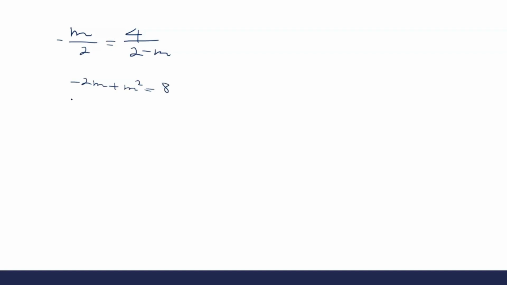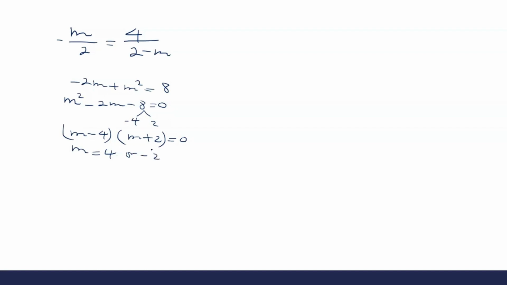Rearranging the whole equation gives a quadratic, for which we need to find two numbers that multiply to give negative 8 and add to give negative 2. So that's going to be m minus 4, m plus 2. So m is 4 or negative 2.